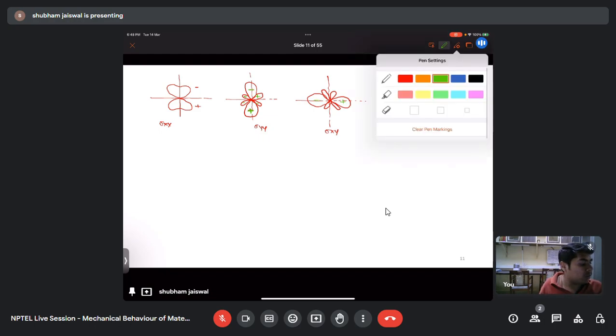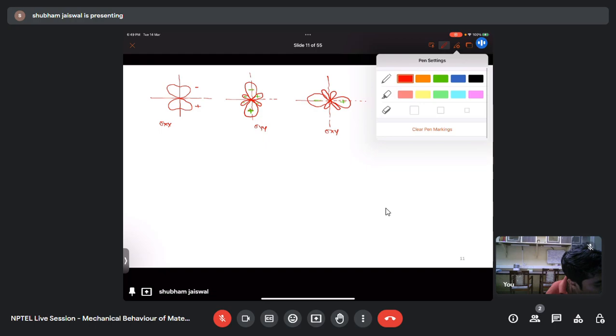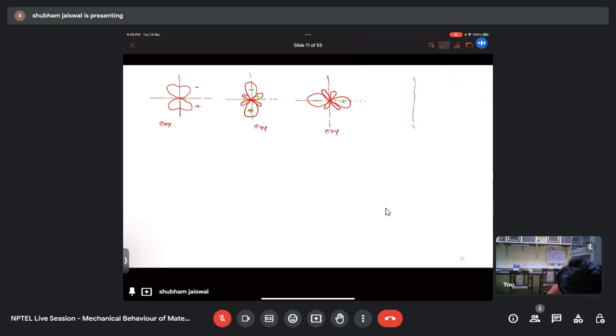Similarly, if I plot a stress distribution curve for the hydrostatic stress, it will look something like this. So this is for sigma h, that is hydrostatic stresses. So this was all about the stress and strain around the screw and edge dislocation.